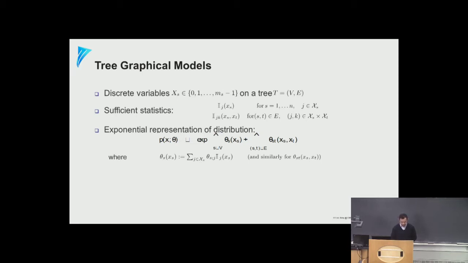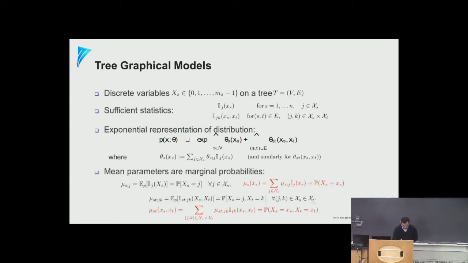That's because in a tree graphical model, the marginal polytope is actually the true polytope, where you need to satisfy what we call local consistency, the normalizability of the mean parameters, and also remember this one.